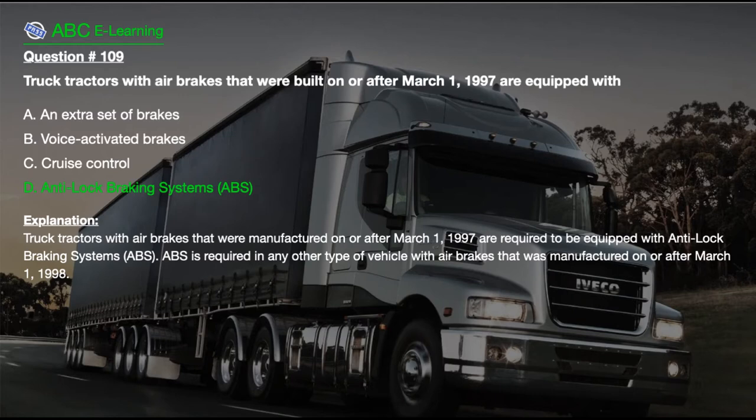The correct answer is D. Anti-lock braking systems, ABS. Explanation. Truck tractors with air brakes that were manufactured on or after the 1st of March, 1997 are required to be equipped with anti-lock braking systems, ABS. ABS is required in any other type of vehicle with air brakes that was manufactured on or after the 1st of March, 1998.